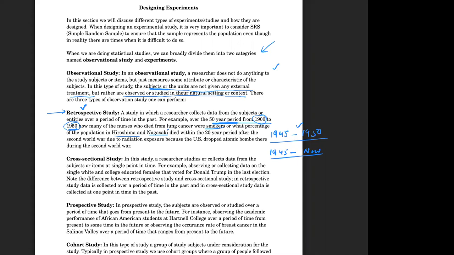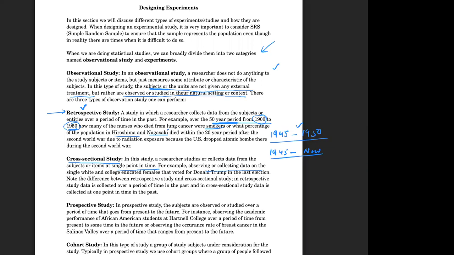A cross-sectional study is where you are observing or collecting data at a single time point. You are observing your subjects at a certain cross-section or certain point in time.